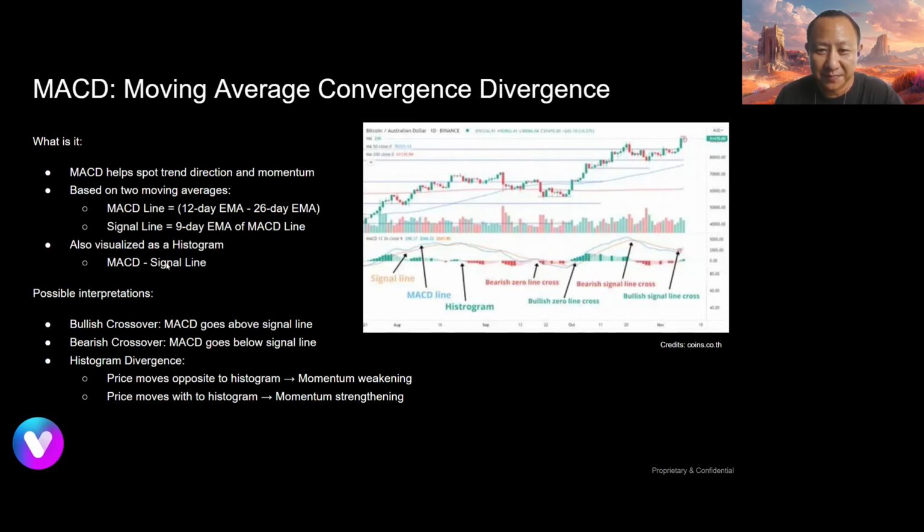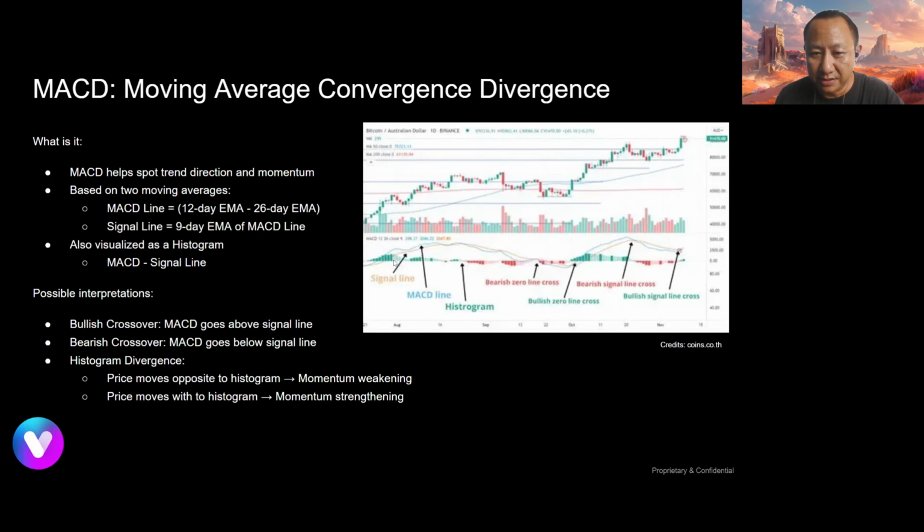All right. So as you will see over here, this is a chart of Bitcoin and the Aussie dollar. And you will see two lines which represent the MACD line and the signal line. So again, MACD line, signal line, these are two moving averages. And you will also see the histogram in the MACD chart.